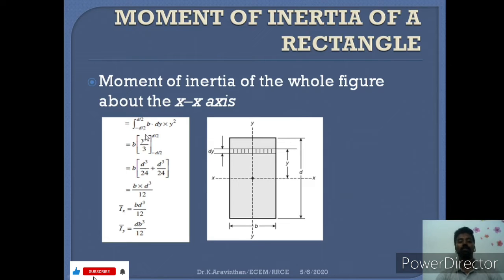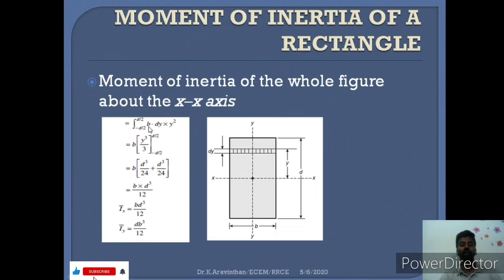So we are considering minus d by 2 to plus d by 2. Why? Because if this is an axis, the bottom part is considered negative and the top part is positive. So we are considering the xx axis as the 0 0 plane. If you consider this 0 0, then this distance will be d by 2 in plus and this will be d by 2 in minus. Hence minus d by 2 and plus d by 2 are the limits.